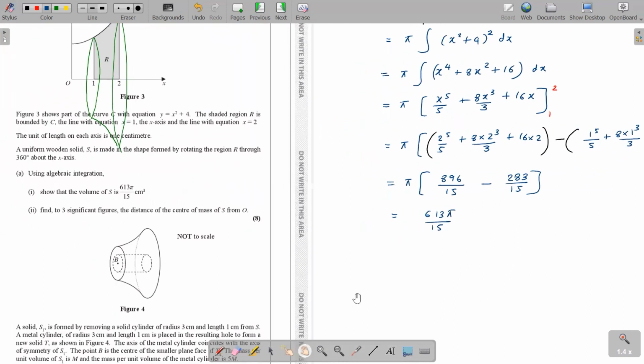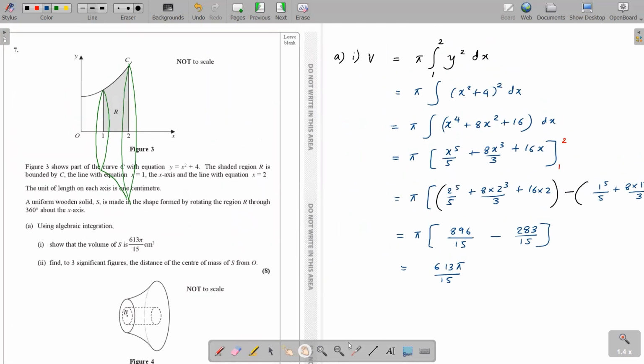So Roman number 2, they say find, to three significant figures, the distance of the center of mass of S, the solid, from O. How do we find the distance of the center of mass? This is a 3D object. To find the center of mass of a 3D object, we have an equation defined in the textbook.